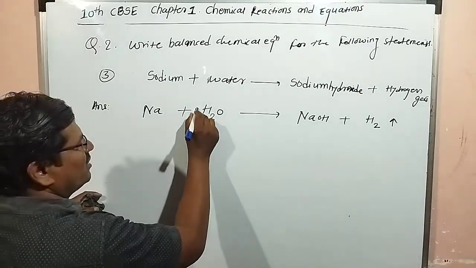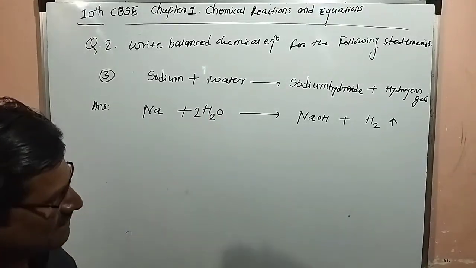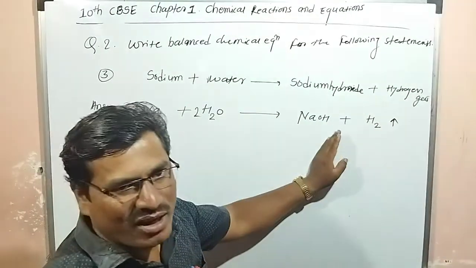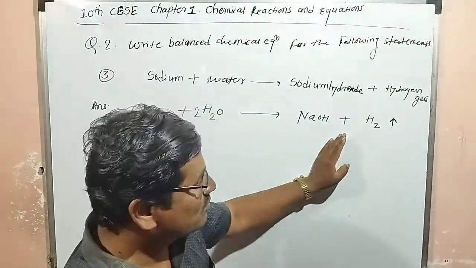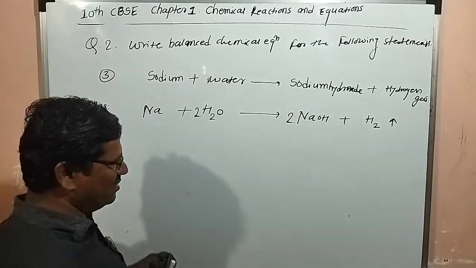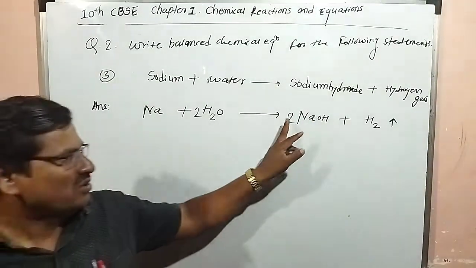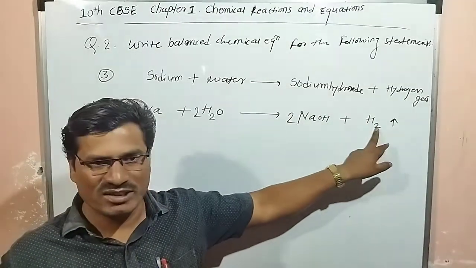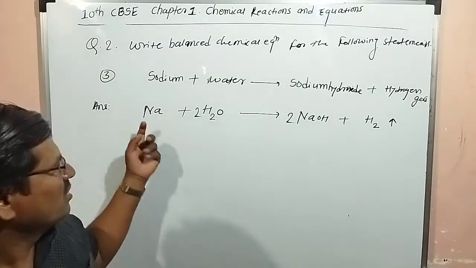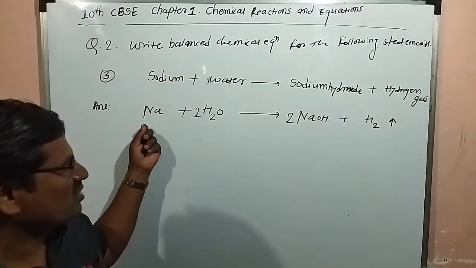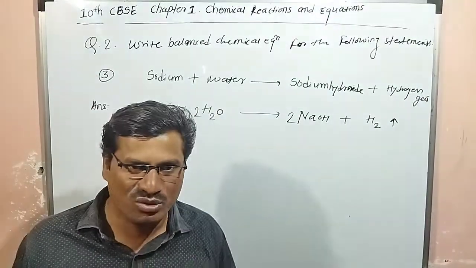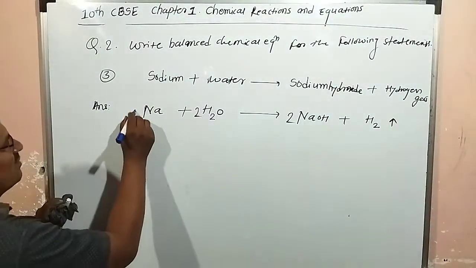To balance that, we can do one thing. If we multiply here by 2, then hydrogen on the RHS becomes 4: 2H plus H2, 4H. 2 2s are 4. Now on the LHS, sodium is 1 and on the RHS sodium is 2, so we multiply here by 2.